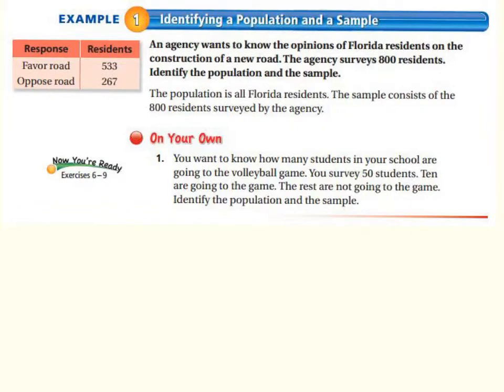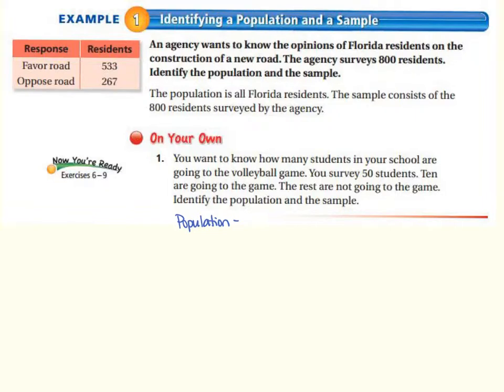Let's go down to on your own. Follow along as I read out loud. You want to know how many students in your school are going to the volleyball game. You survey 50 students. 10 are going to the game, the rest are not. Identify the population and the sample.